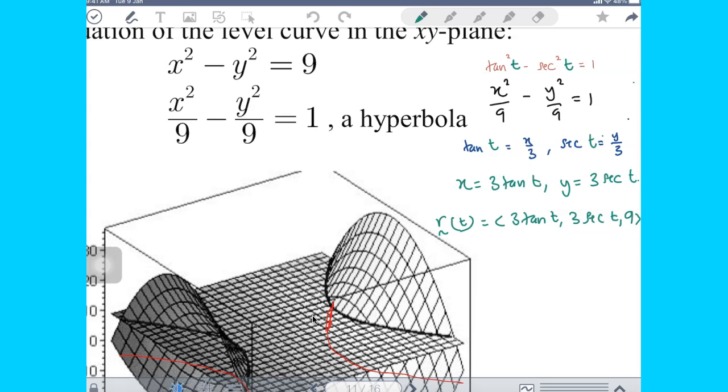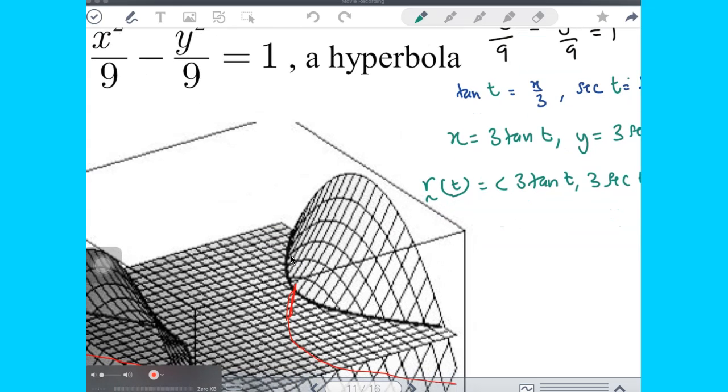But the vector function here is not the direction that we want to follow. We want the directional derivative in the direction of the tangent vector, not the vector r, the tangent vector. So where is the tangent vector on this curve?